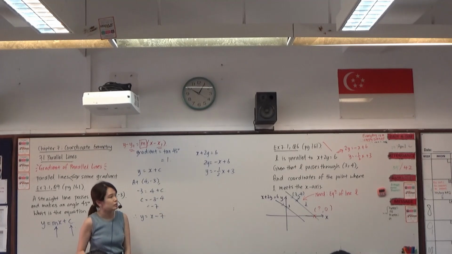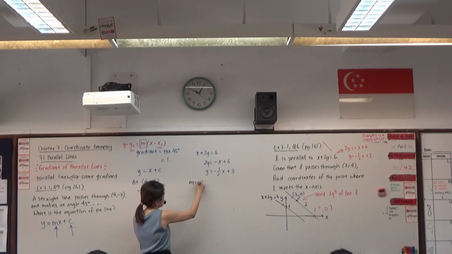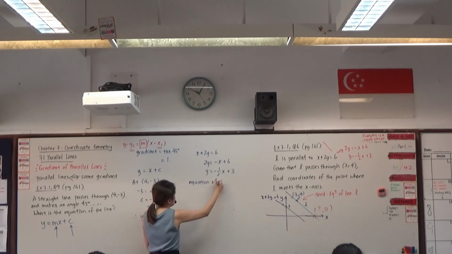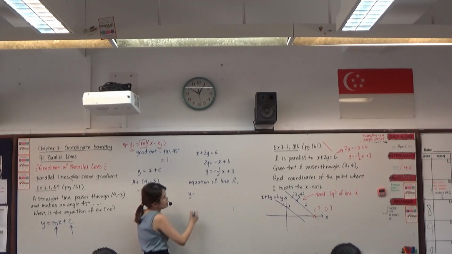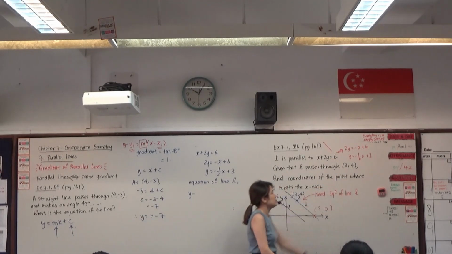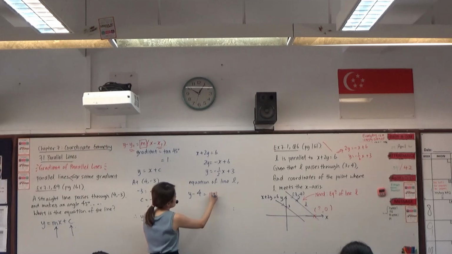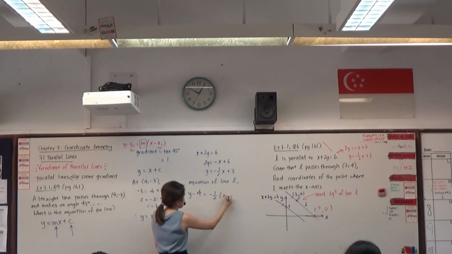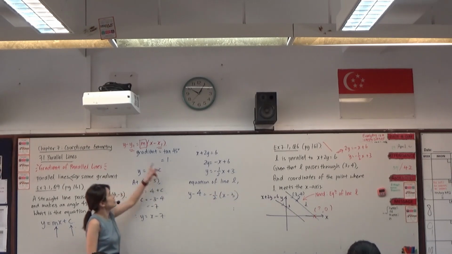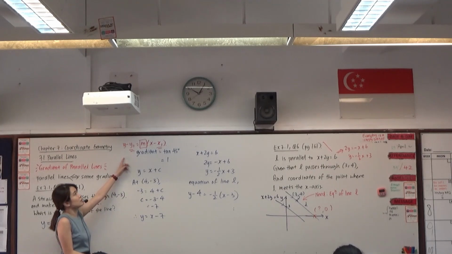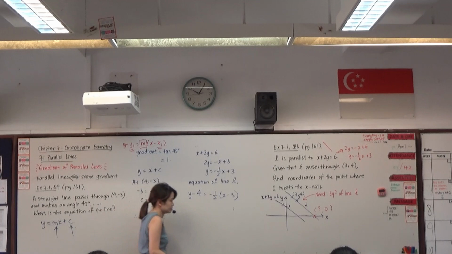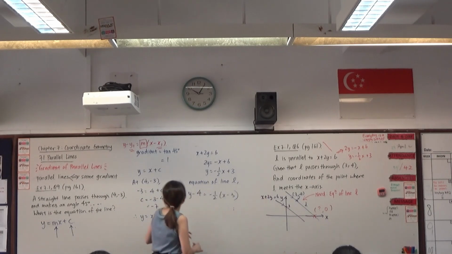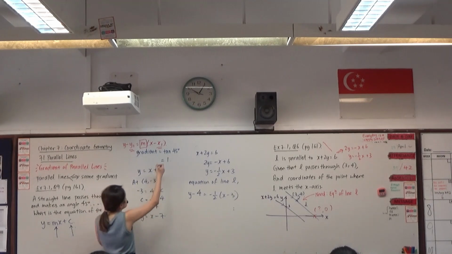So the equation of line L will actually be y minus the y coordinate equals gradient times x minus 3. What I'm doing is using this formula here. Okay? y1 and x1 must be a point on the line, and then m is the gradient.